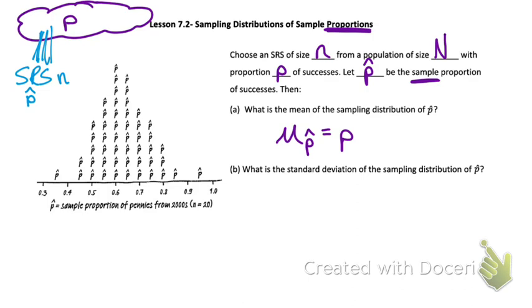Last week we did a little example where we had this bag that had imaginary marbles in it. Half of them were red, half of them were blue. And we took repeated samples of size 20. And we calculated what proportion were red. And at the end, over here on the far right, we had a distribution that showed that the true population value should have been 0.5.